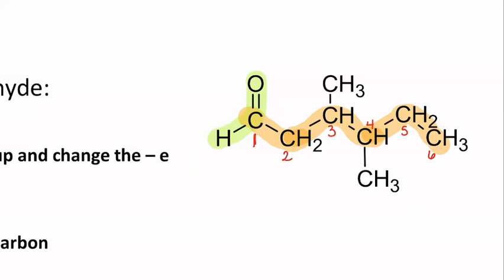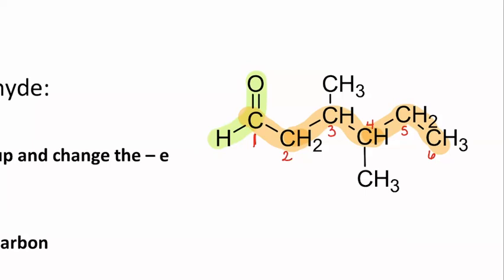And that's going to be the prefix to our parent chain. But let's put in the chat, what will be the name of the parent chain here? So we have 6 carbons and we have an aldehyde. Remember the rules, alkane name, take the E and put AL.